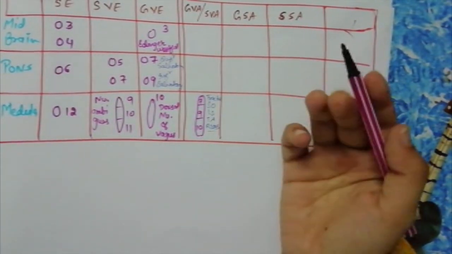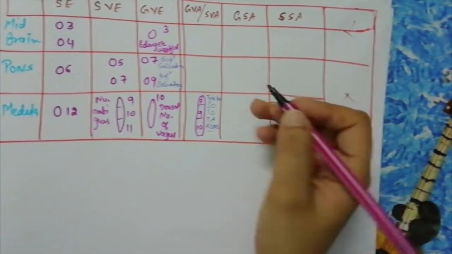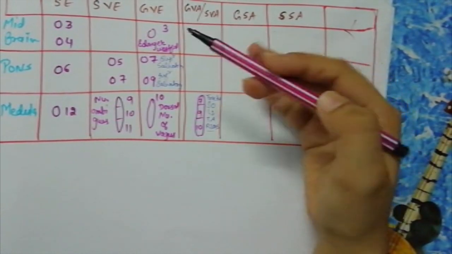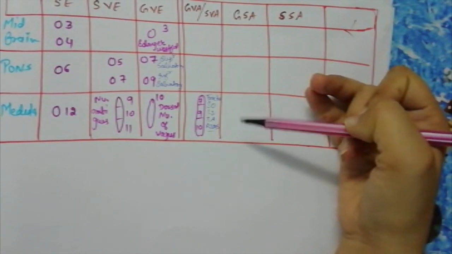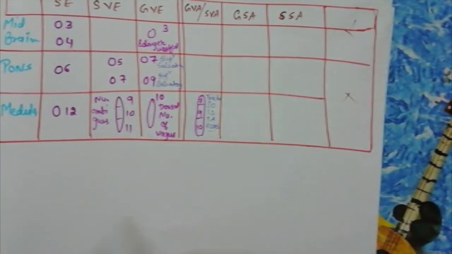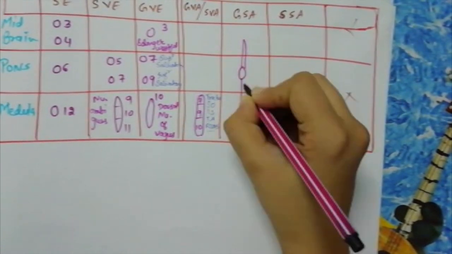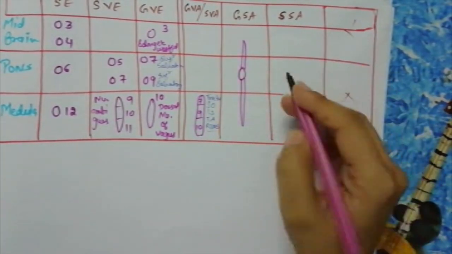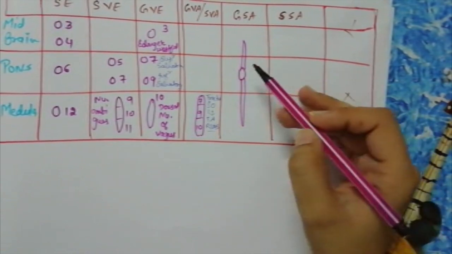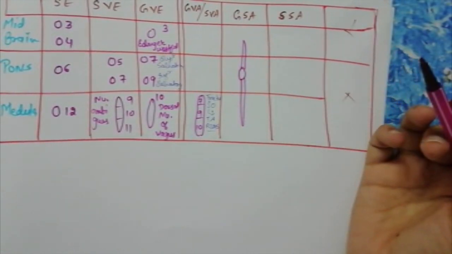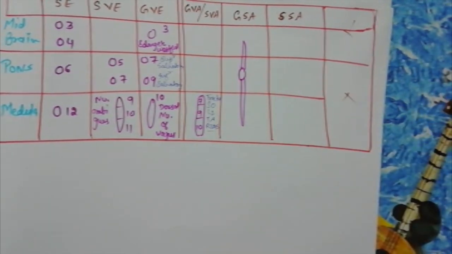In general somatic afferent there is a large nucleus which is present in midbrain, pons and medulla in all the columns, all the parts. So this is the nucleus of fifth cranial nerve, which is trigeminal nerve.